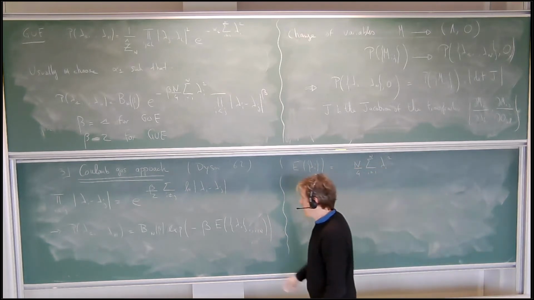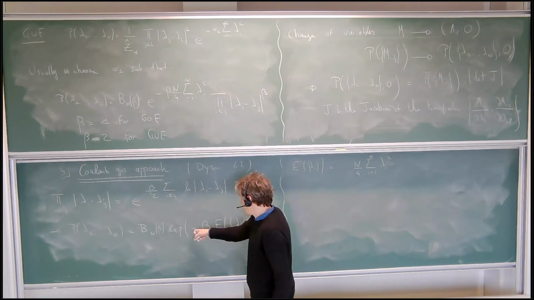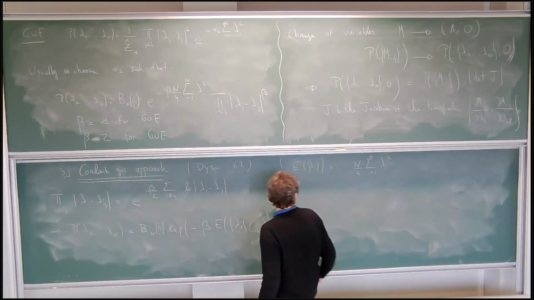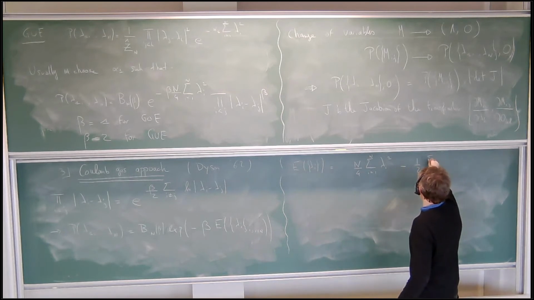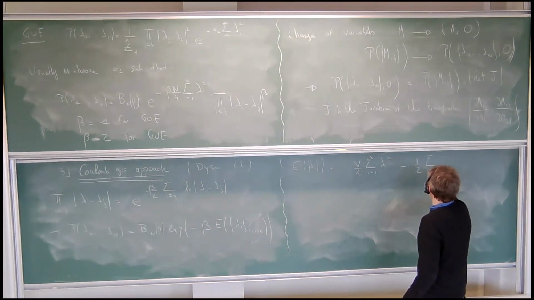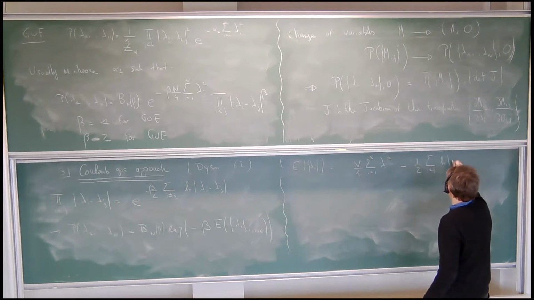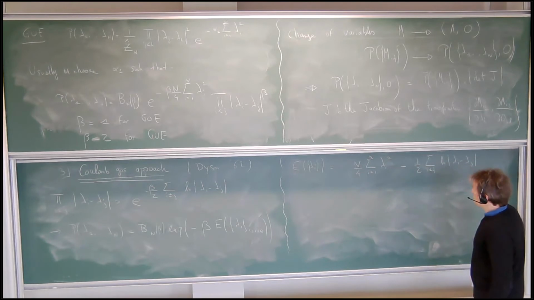And now I have another part. So there is a minus here, a plus there. So I need to have a minus half sum over i not equal to j of log of lambda i minus lambda j.